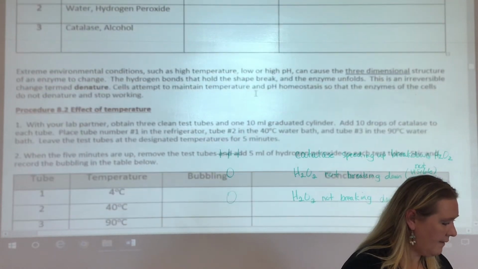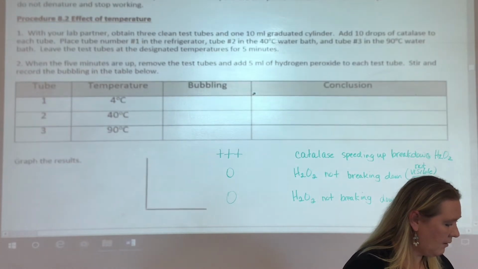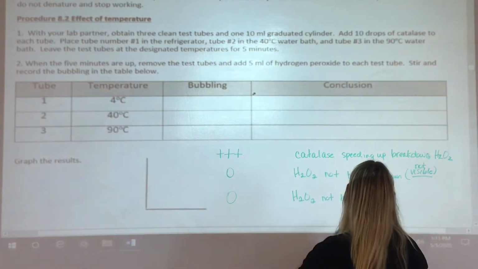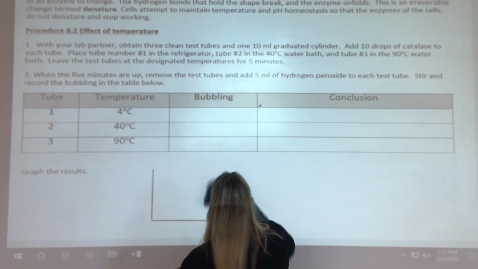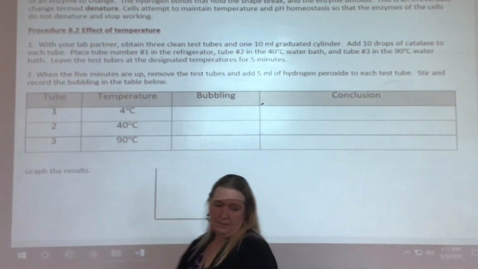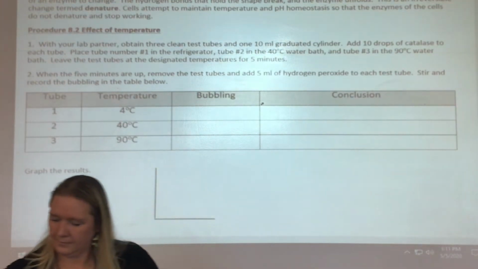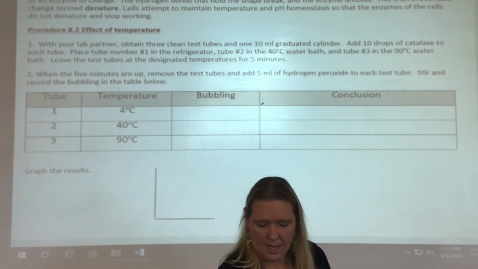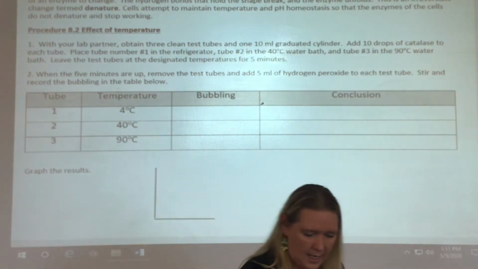All right, so that is 8.1, and this next part is going to lead into the next one. Okay, erase this. So this aside. I have the next one here, and we're going to put the hydrogen peroxide in.